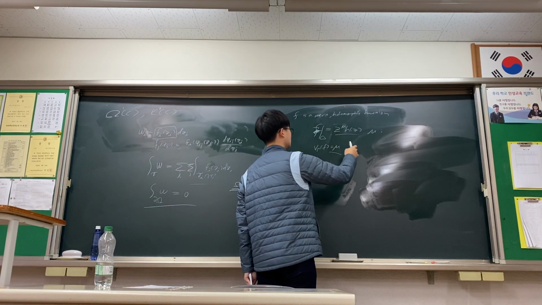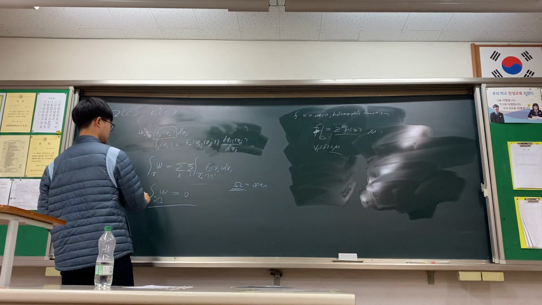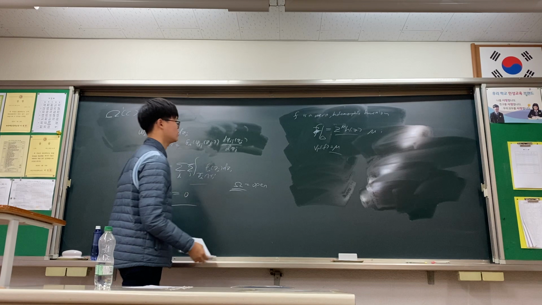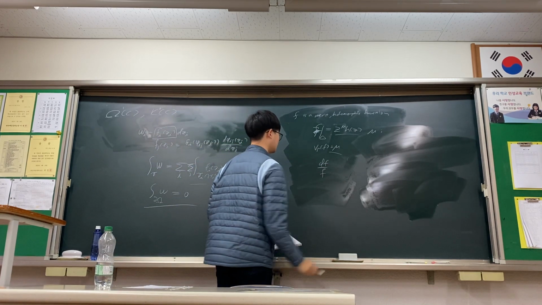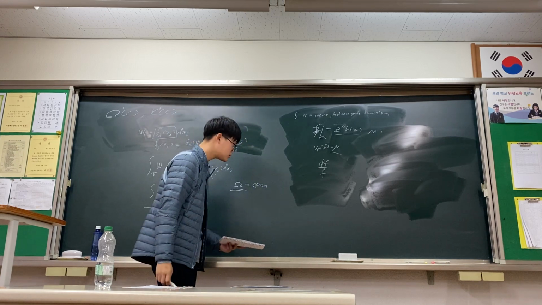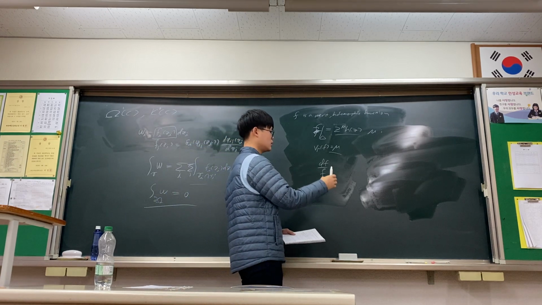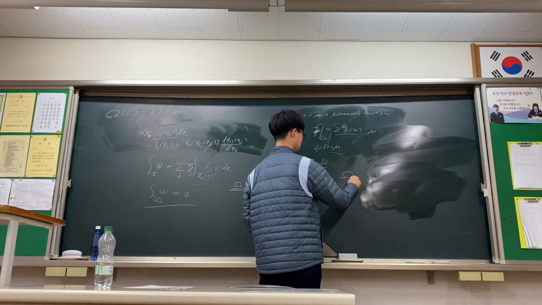One corollary of Stokes' theorem is that if you consider dω over N, then it has finitely many singularities. Near each singularity, we punch out a disk, and then we get an open set.